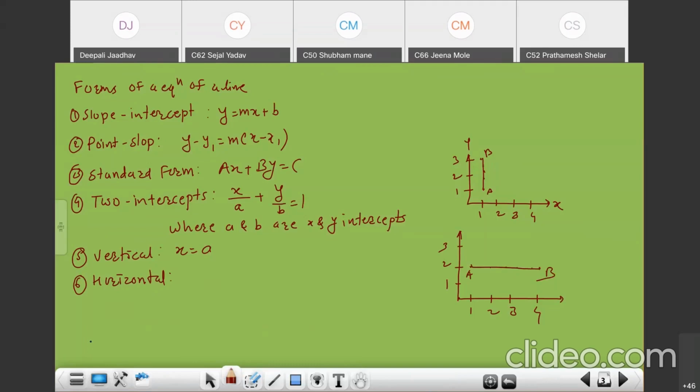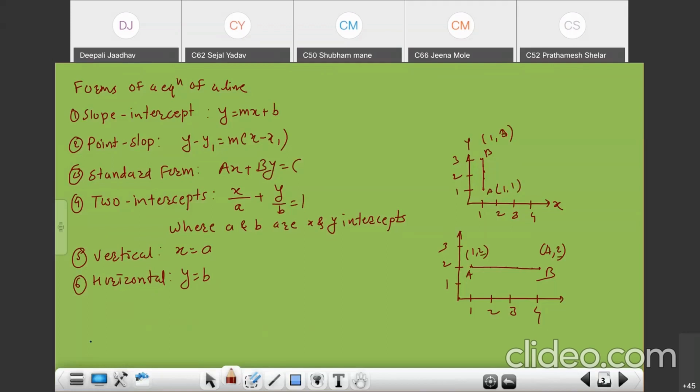All points have the same y coordinate value. Y is equal to b, then we can say that the line is a horizontal line. Here suppose the values are 1, 1 and here 1, 3. So for a vertical line the x values are the same, while for a horizontal line the y values are the same.